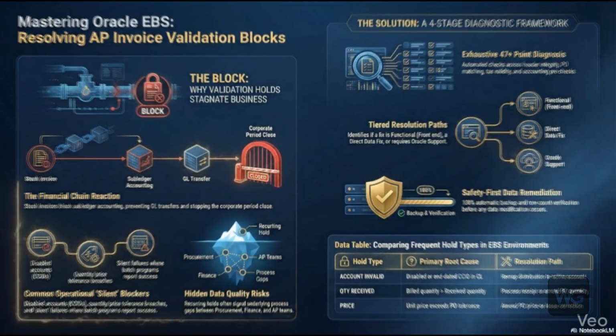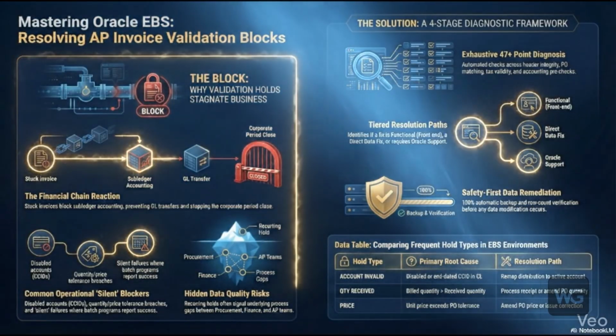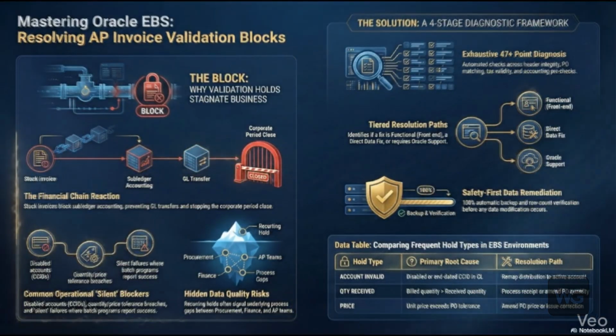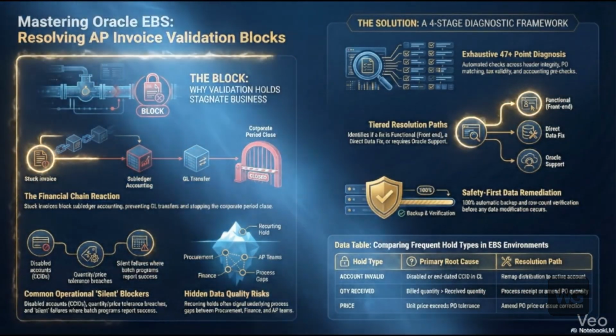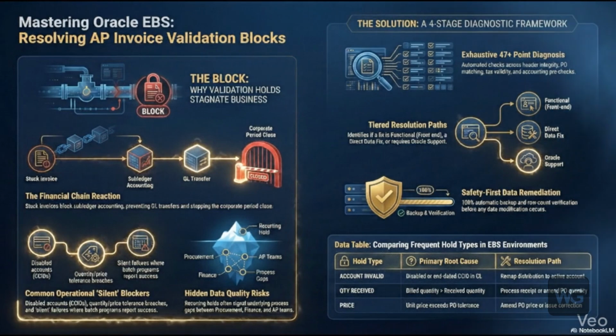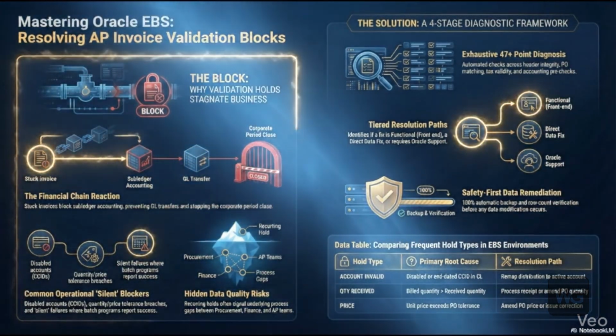That's the goal. It shifts the mindset from ad hoc firefighting, which is dangerous and usually undocumented, to a disciplined framework. Because you can't fix what you don't understand. And you can't prevent what you don't track. It's all about visibility. For you, the listener, which actually raises a really interesting point about the future of these ERP systems.